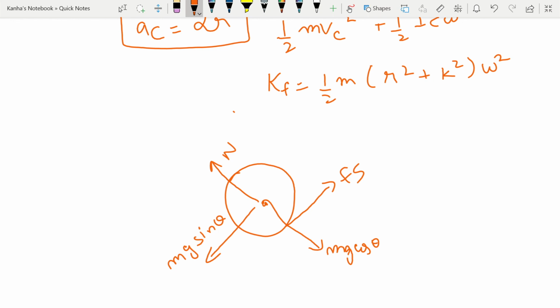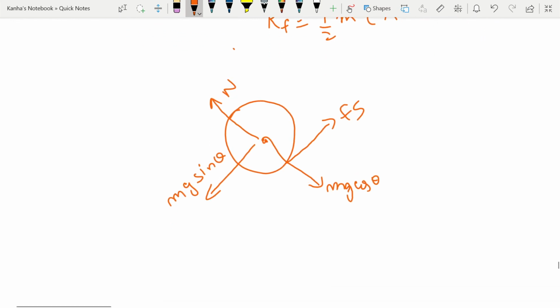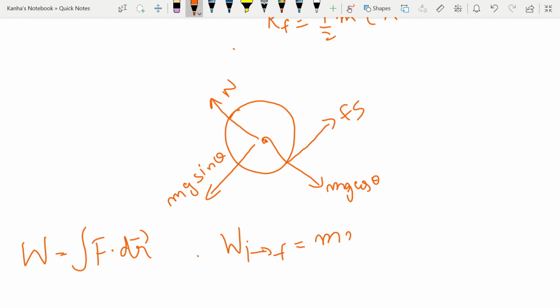So now what are you supposed to do? You know that the normal reaction and the force of static friction do no work in rolling. So the normal reaction and the static friction will not be doing any work. I need to write the total net work done in the system. My work is equal to the integral of F dot dr. So the work in going from the top point to the point mentioned after a distance x, from initial position to final position, is equal to mgx sin theta.